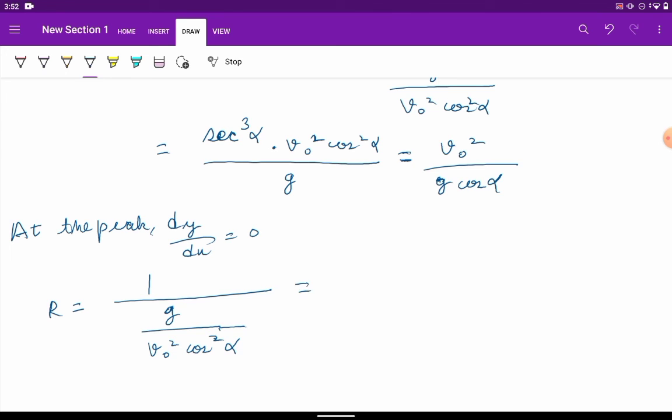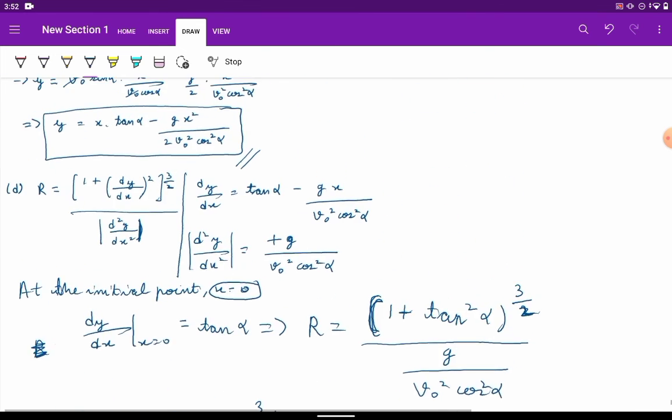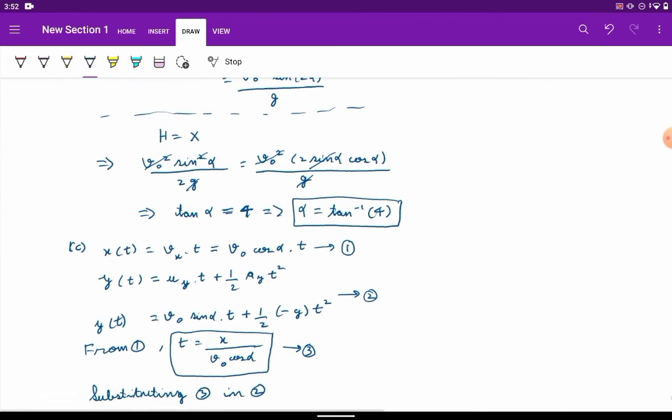This becomes v naught square cos square alpha divided by g. So basically you get the two radius of curvature values.